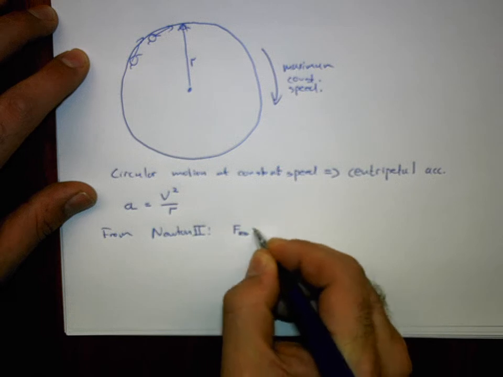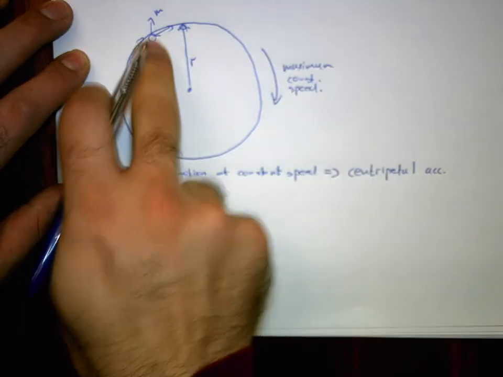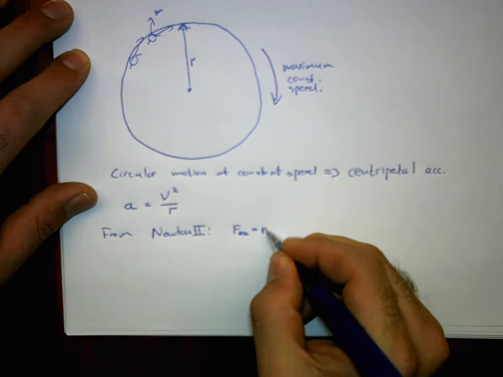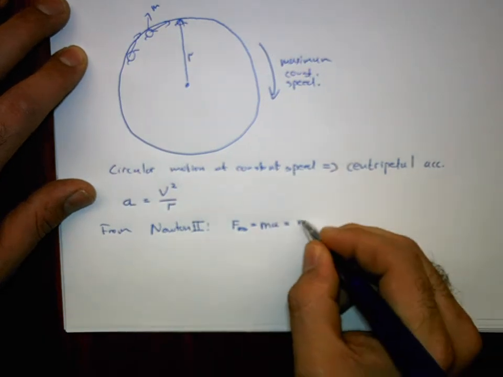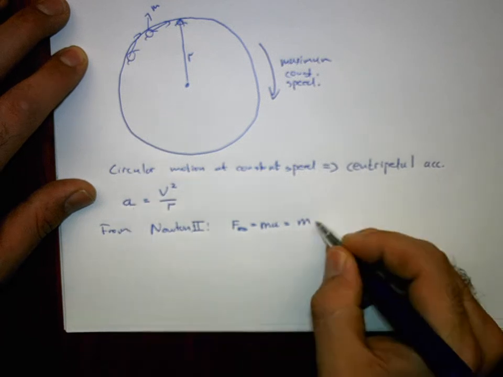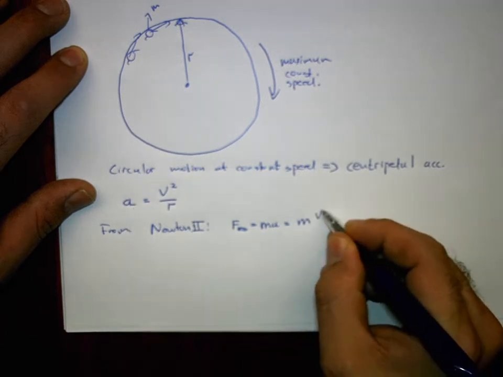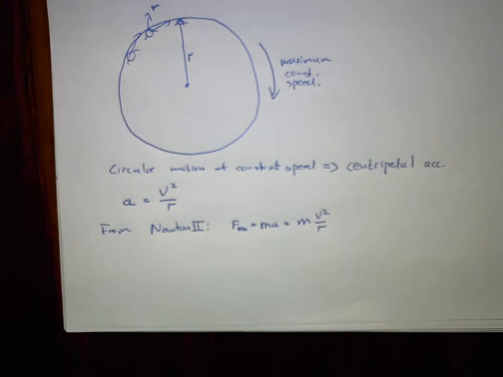So the resultant force, let's say this person has a mass m, must be equal to m times a, which is m v squared divided by r. So that's what Newton tells us.